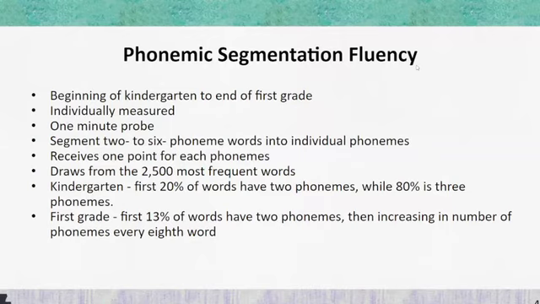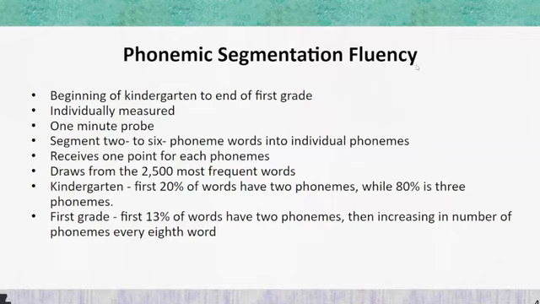Phonemic segmentation fluency assesses students' ability to fluently segment 2 to 6 phoneme words into their individual phonemes. In this measure, the examiner orally presents a series of words and asks the student to verbally produce the individual phonemes for each word.